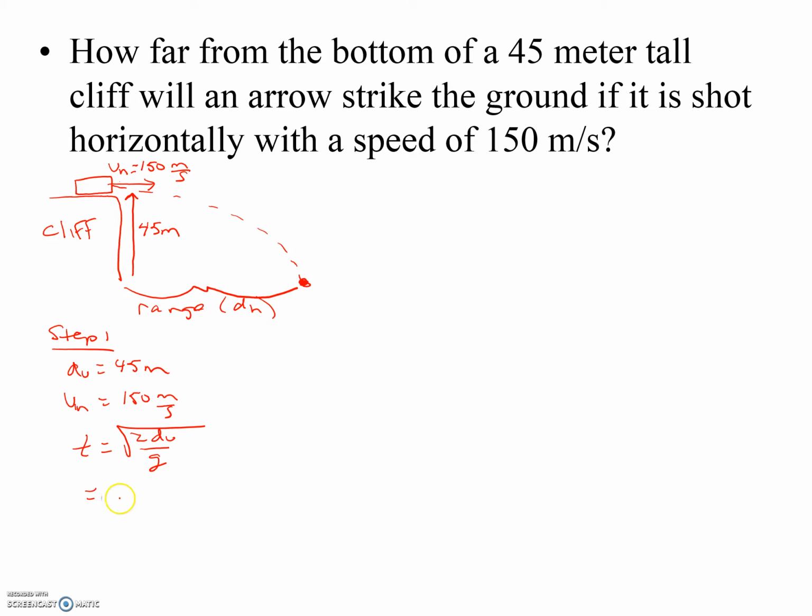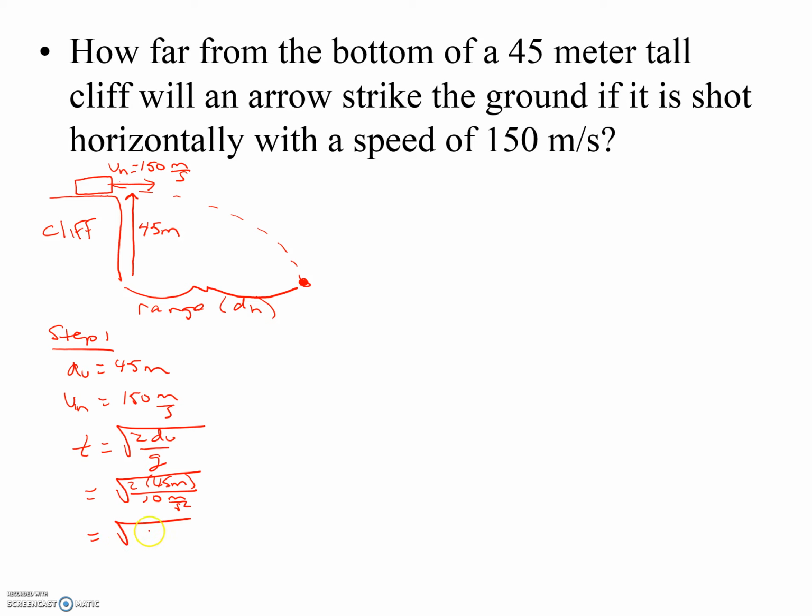So we'll substitute in what we know. We've got 2 times 45 meters divided by 10 meters per second squared. So we've got 2 times 45, that's going to give us 90. We're going to divide it by 10, that's going to give us 9.